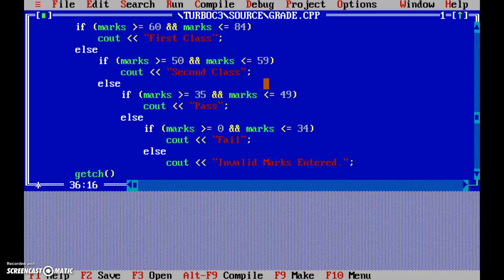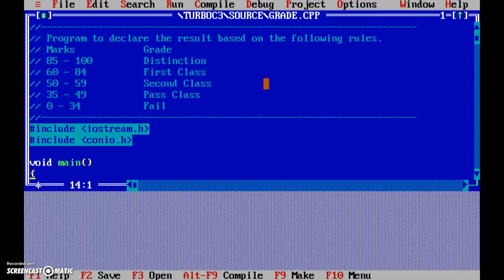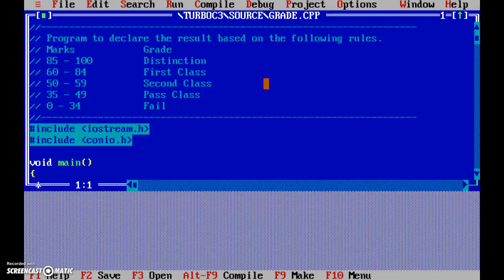And getch. Okay, now let's run it. Great. Let's start with minus number. Okay, let's enter 9, fail. Let's enter 34, fail. Let's enter 35, pass.